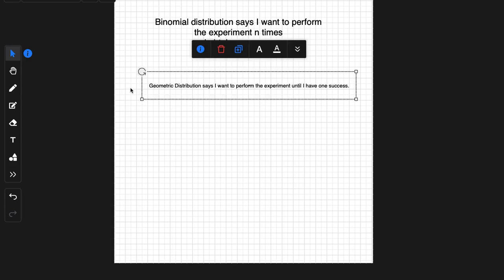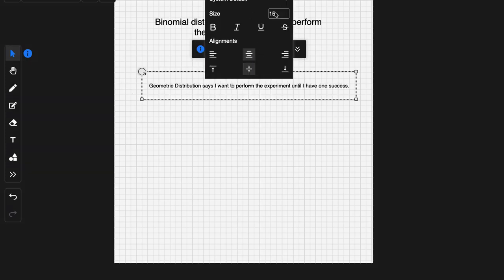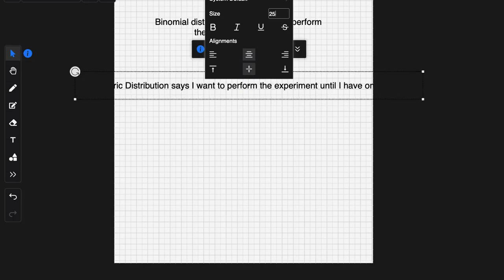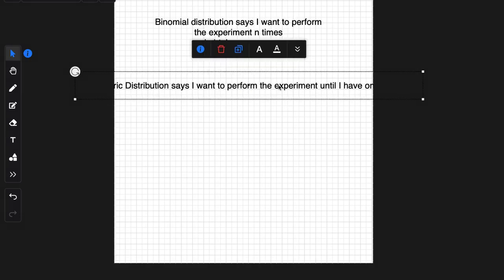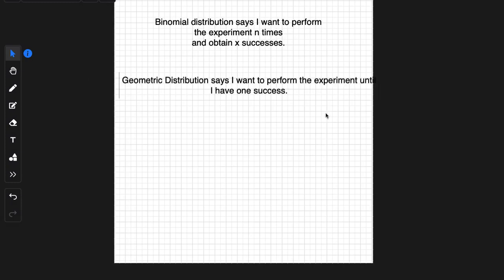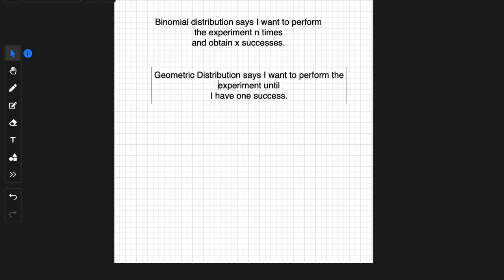So you don't know how many times you're going to be performing the experiment. That's the implication. It may be 5 times, it may be 6 times, it may be less, you don't know. But you know that once you have 1 success, you're going to stop performing the experiment. So that's the difference between the two.